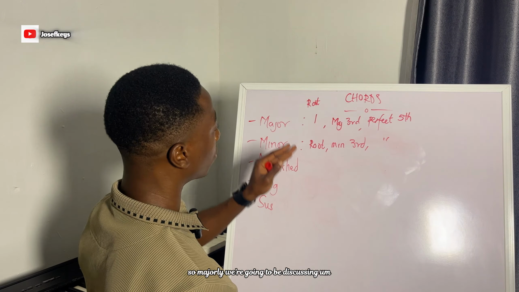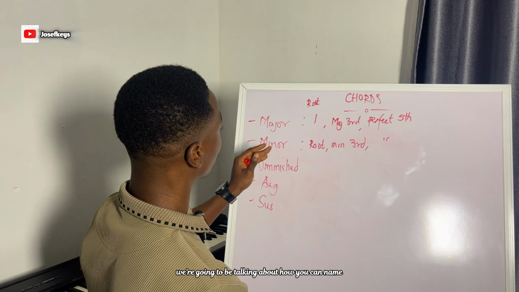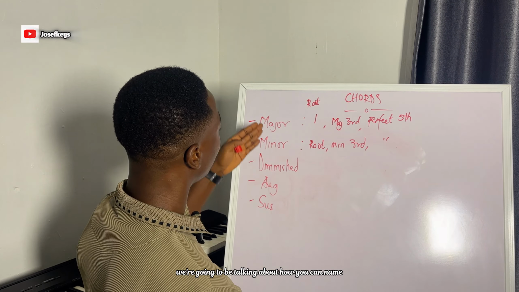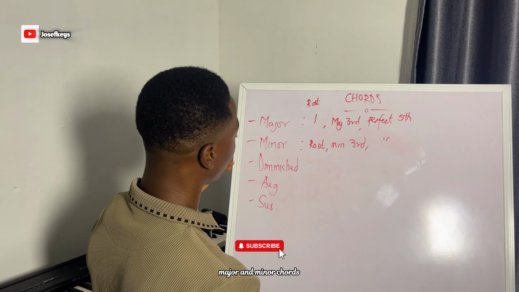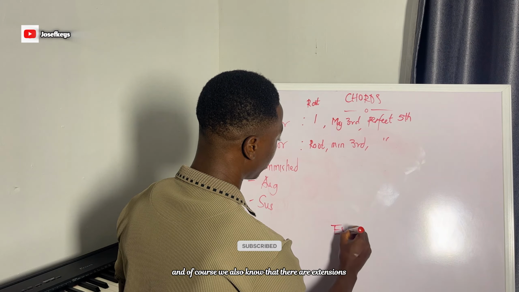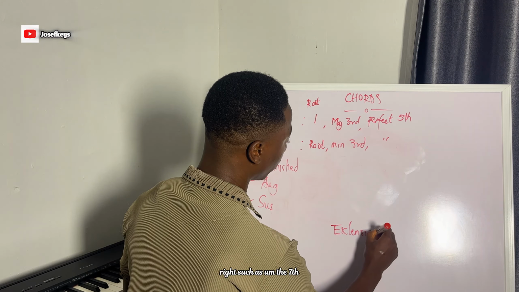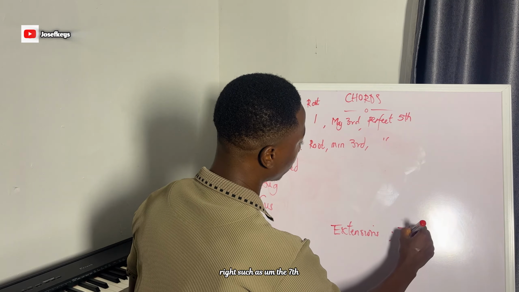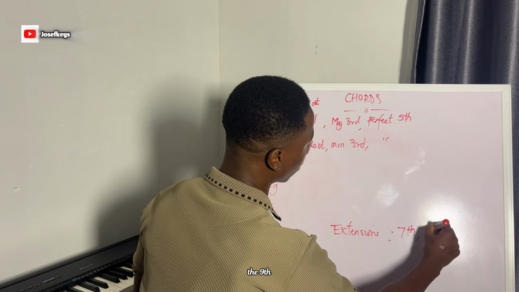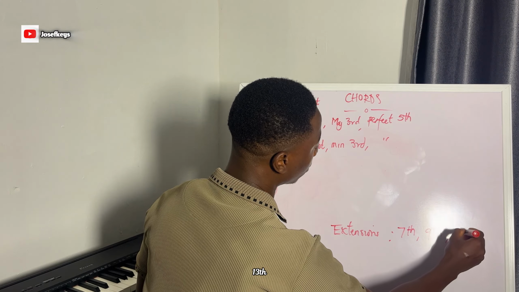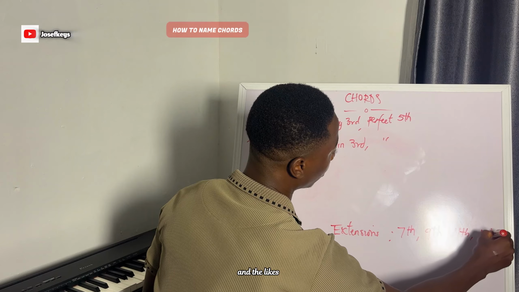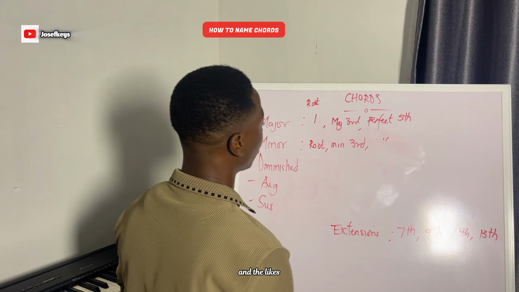So we're going to be talking about how you can name major and minor chords. And of course, we also know that there are extensions, such as the seventh, the ninth, 11th, 13th, and the likes.